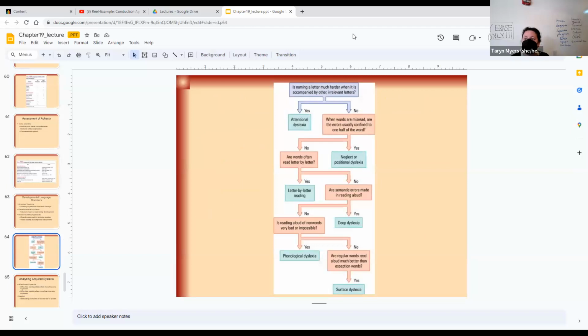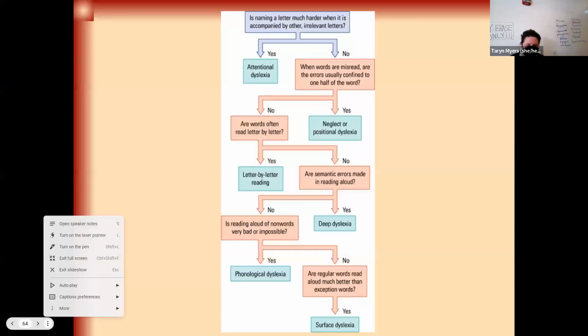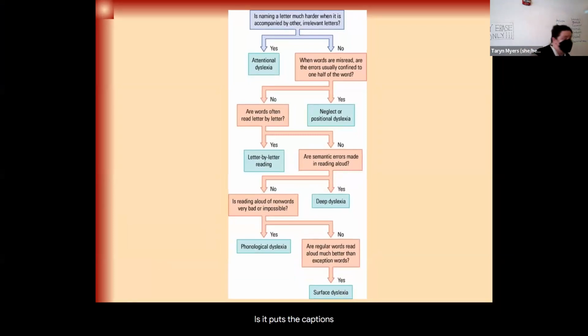What I just rediscovered this morning is that if I'm doing something in Google Slides, it is infinitely better for me to just turn on their captions. If it'll reload. There we go. Because what it does is it puts the captions underneath and then it never is in the way of what's on the slide. So that's a lot better.